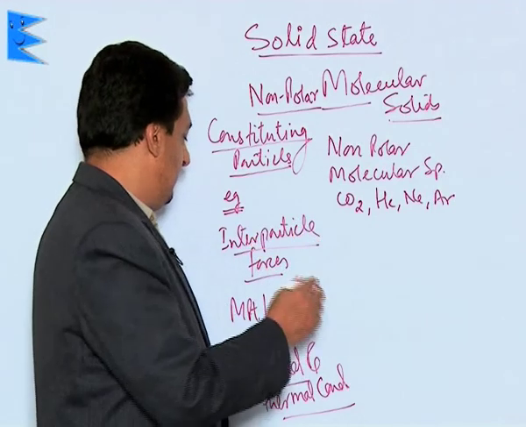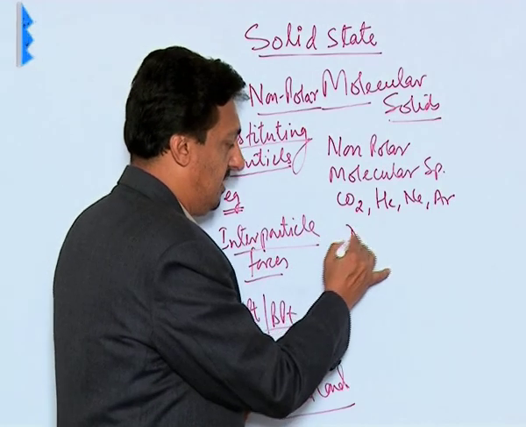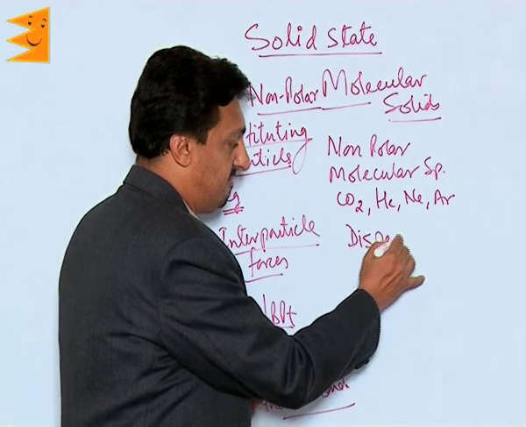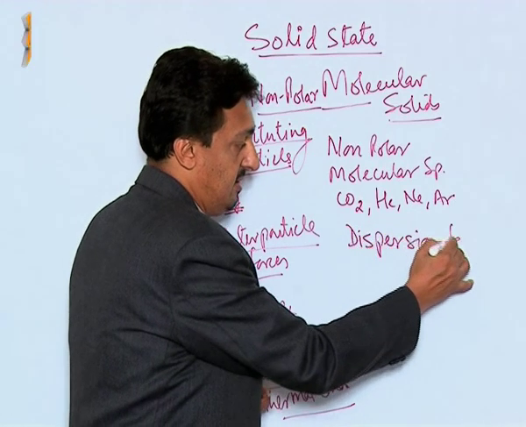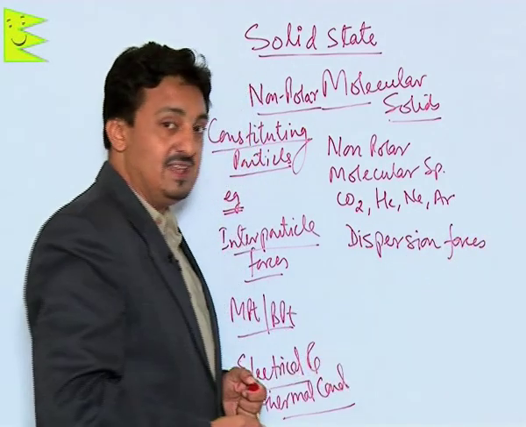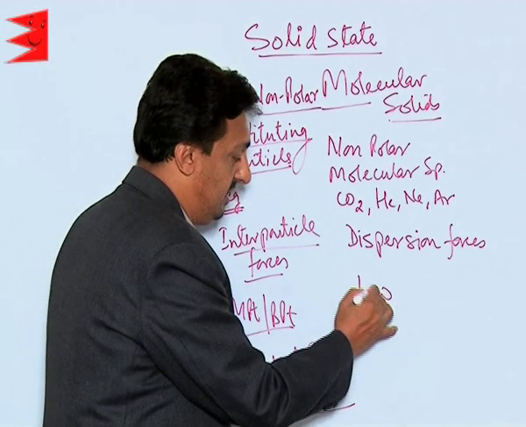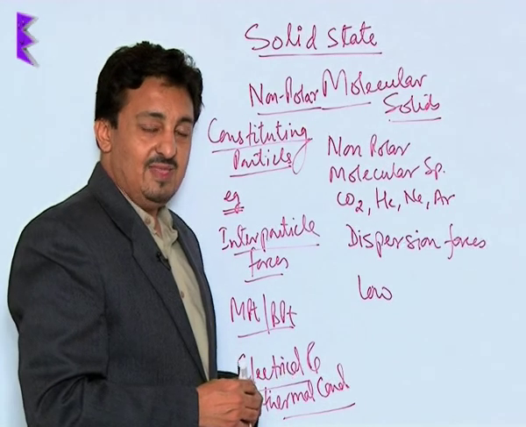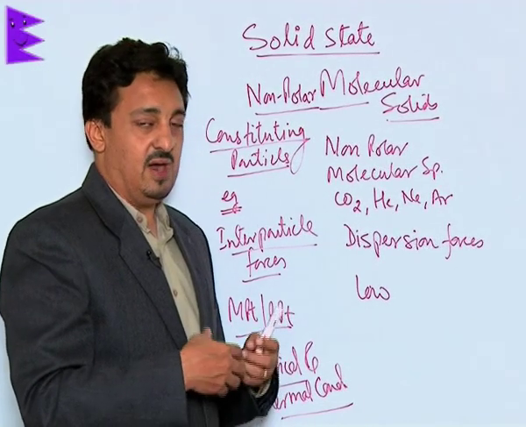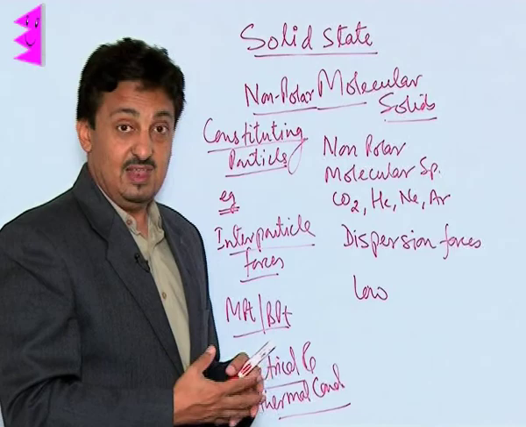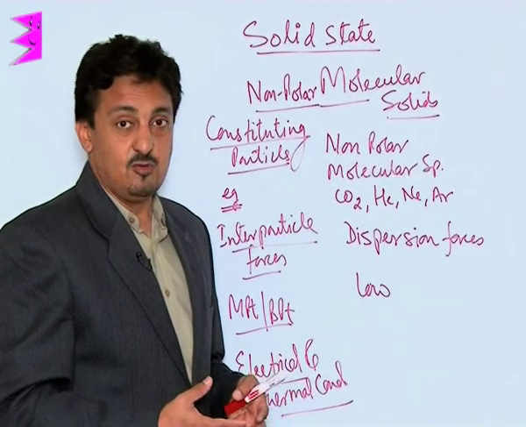Now in these, the interparticle forces will be your weak dispersion forces because they don't have any polarities, and therefore their melting points and boiling points will be very, very low, and that's why they are either gases or they are volatile solids or liquids at room temperature.